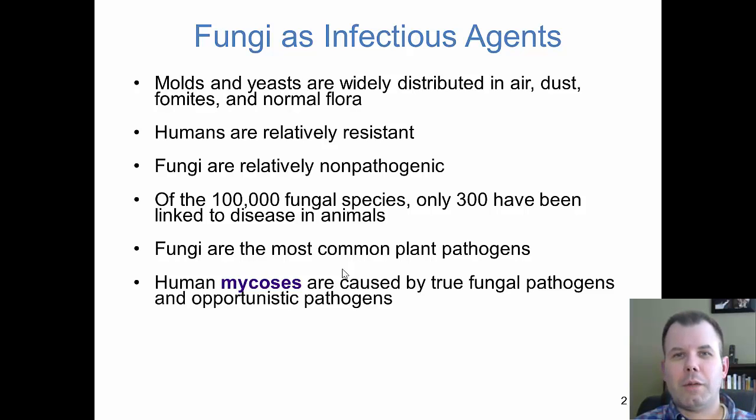But as humans and animals, we don't seem to have as many fungal infections as plants do. And again, human mycoses are fungal infections caused either by true or opportunistic pathogens. We'll take a look at some of the different types out there today.